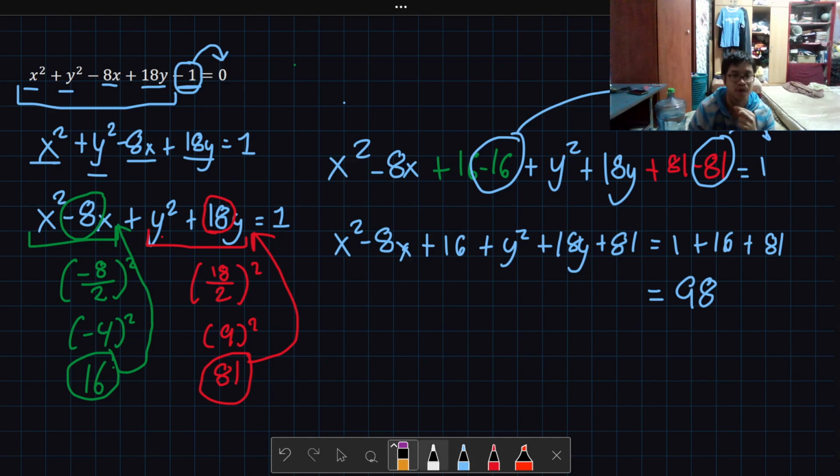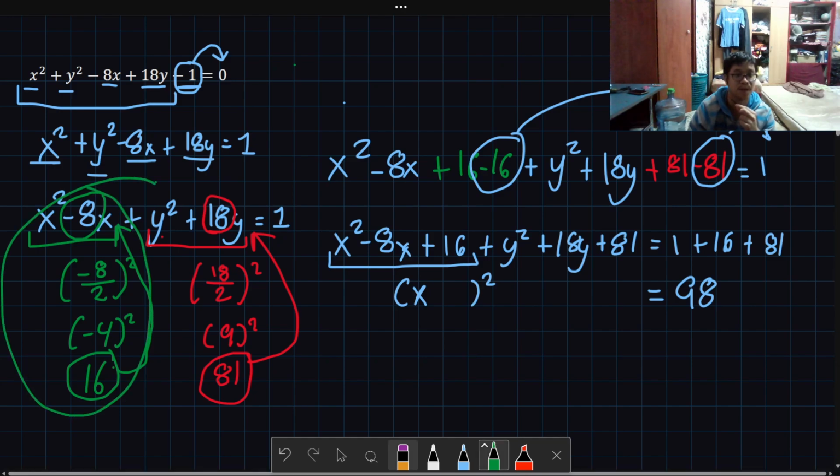Let's start first with the x, which is this one. All you need to do is put both sides of parenthesis and you put squared. And here, since its variable is x, you will put x here. Now, what would be the number beside x? So let's go back here, on this side where we are in the process of completing the square.